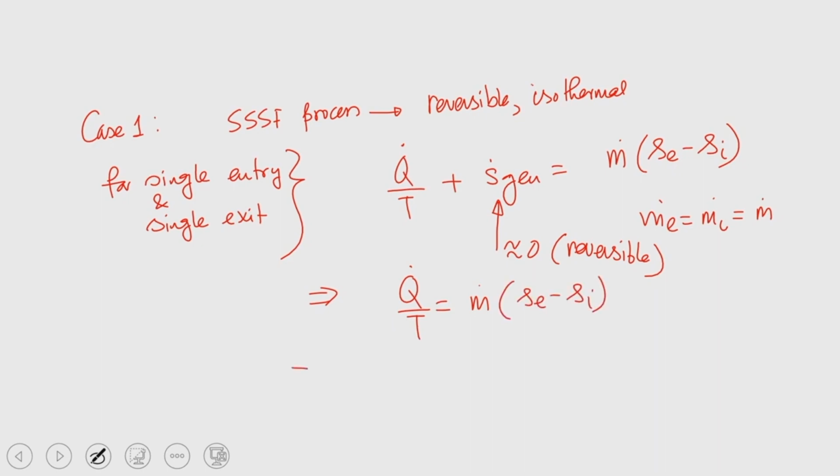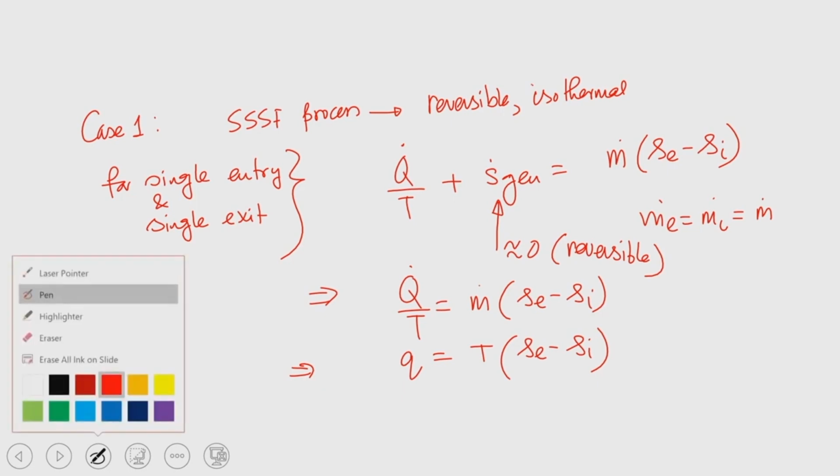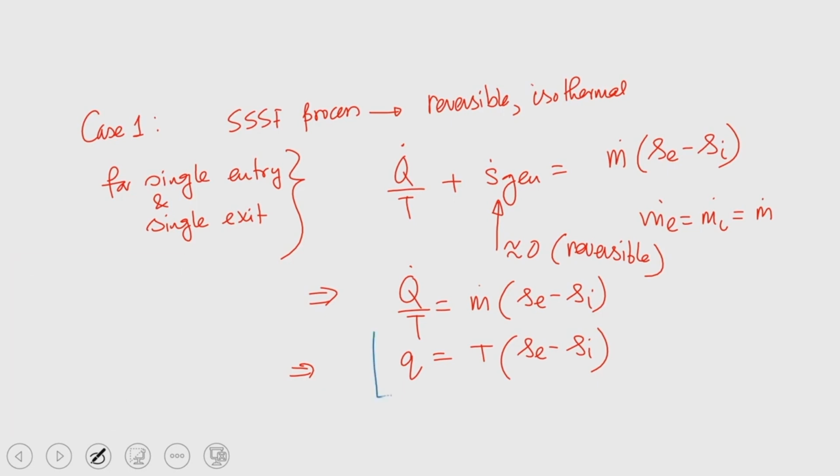This is in the rate form. We can write it as Q dot equals T m dot (SE minus SI). Writing Q dot by m dot, that is nothing but small q, equals T into (SE minus SI). So, this is very important. Let me keep it inside this box.